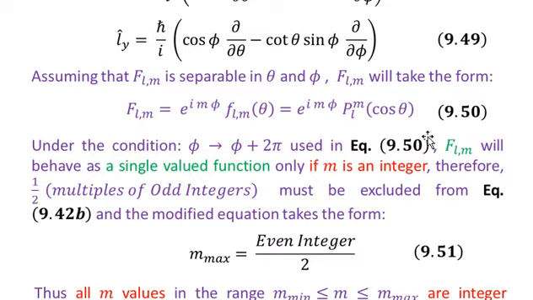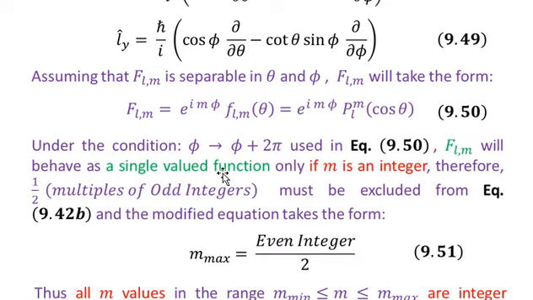Now in equation number 9.50, if you make the substitution phi replaced by phi plus 2 pi, the azimuthal part will behave as a single valued function only if m is an integer.